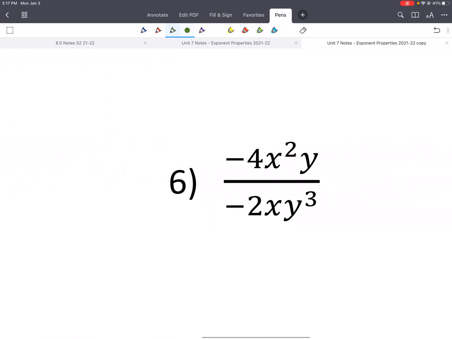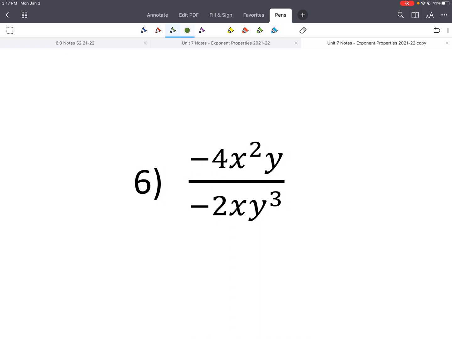And then last, like this, again, we'll simplify the numerator, but that's an x and that's a y, so those can't be combined, same as the bottom. So now we'll do our fraction. So that looks like -4 divided by -2 is a +2. Okay, here's our bigger number, so we'll subtract the smaller, so this would be like a 1, so -1.